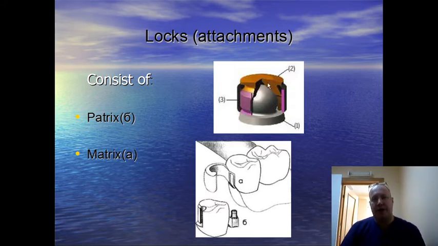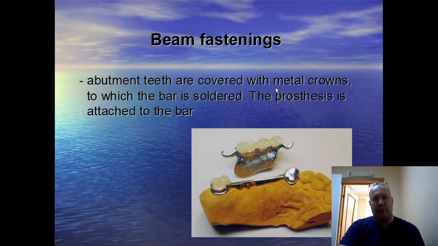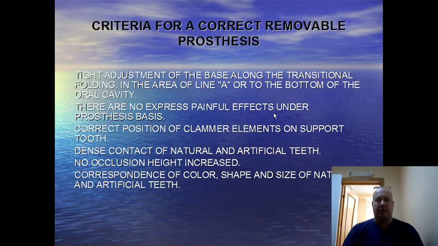Here the patrix, and here the matrix. Beam fastening. These abutment teeth are covered with metal crowns to which the bar is soldered. The prosthesis is attached to the bar.